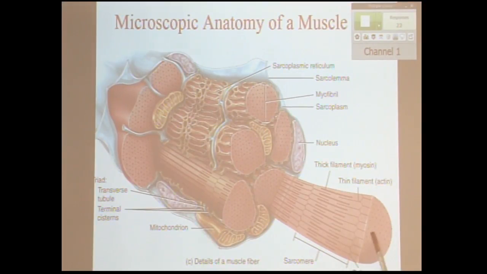So we're going to talk about what's happening here. And if you notice, everything's kind of attached lengthwise. So what do you think happens if this sarcomere gets shorter? Or I guess I should say, what happens if all those sarcomeres get shorter to the muscle? Does it get shorter or longer?